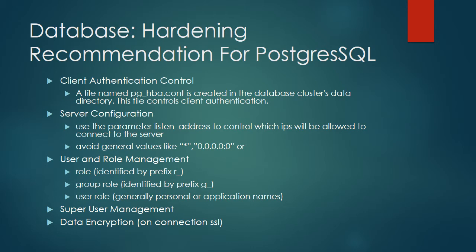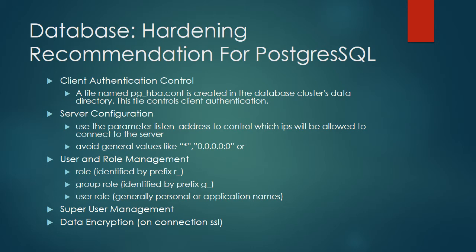First, there's role, which is identified by the prefix r_. The next, group role, which is identified by the prefix g_. And last, you have the user role, which is generally the personal or application names. The roles, r_roles, will be the ones having the privileges over the objects.